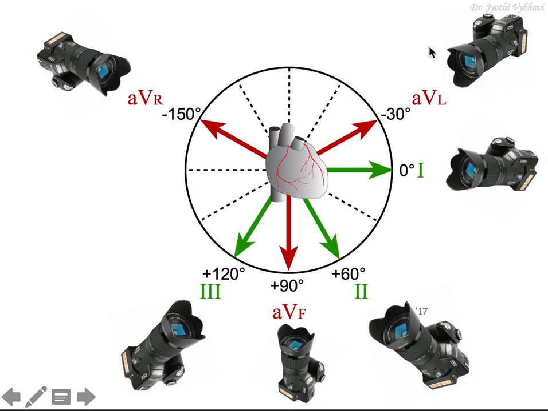We have placed so many leads so that we can record the electrical activity of the heart from almost all angles across 360 degrees. That's why we use 12 leads of ECG to record the electrical activity of the heart. We need multiple cameras, multiple leads, to record it. I hope you understood the analogy.